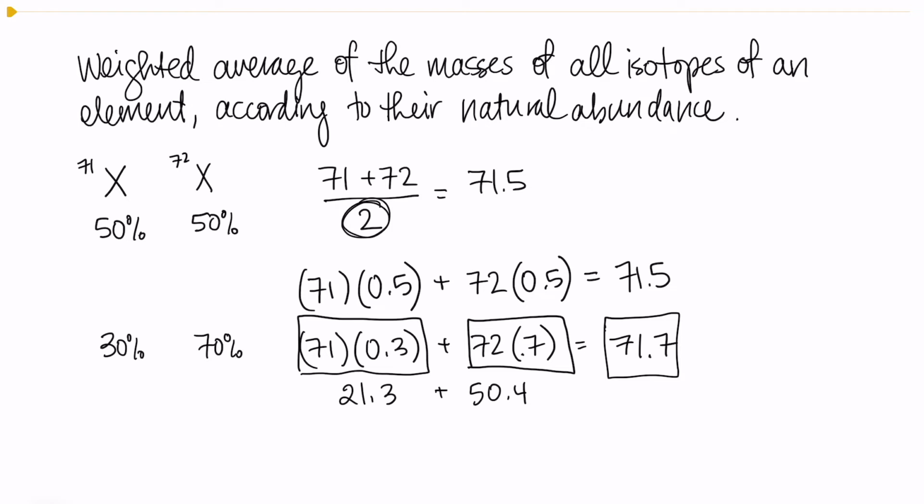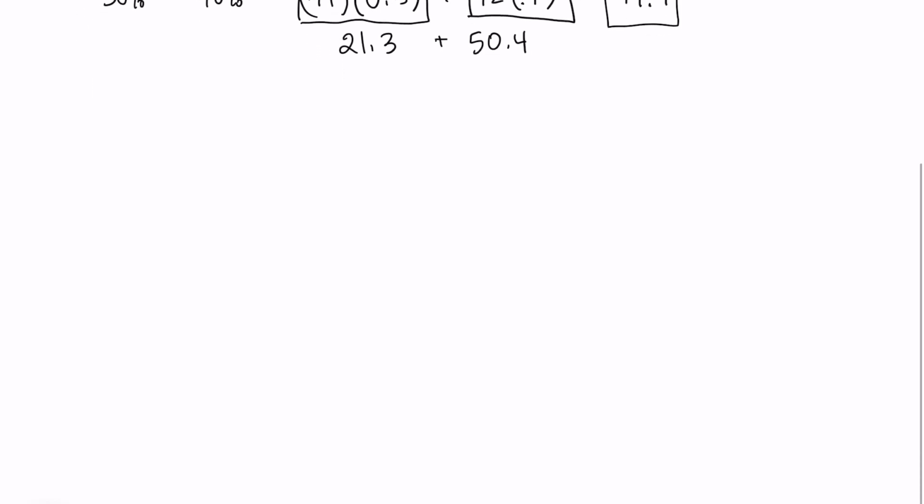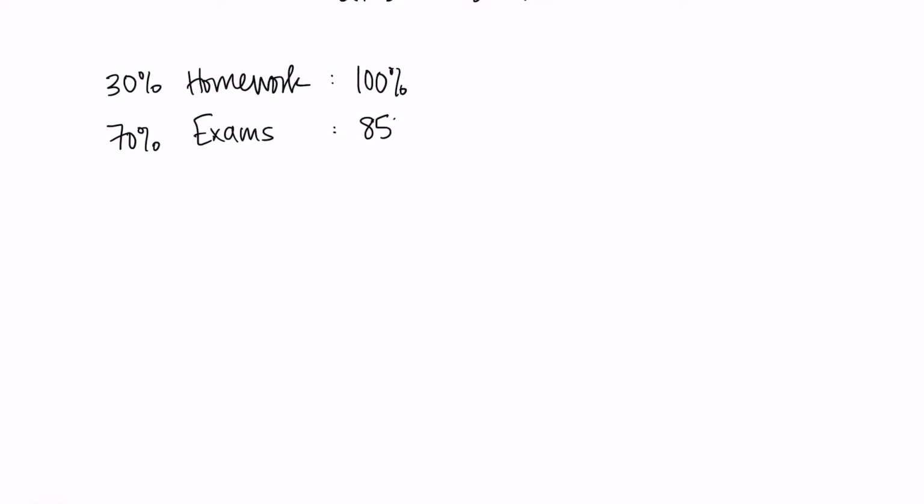Okay, now this is a very similar kind of math if you imagine, for example, you're calculating your grade in a class, and 30% of your grade is for homework, and you have 100%. 70% of your grade is for exams, and you have, let's give you an 85% on your exam score, okay?